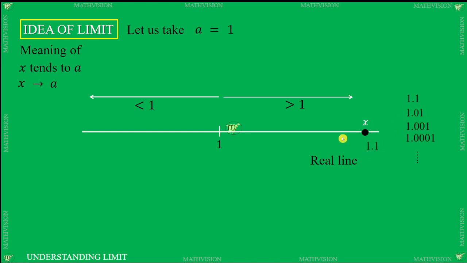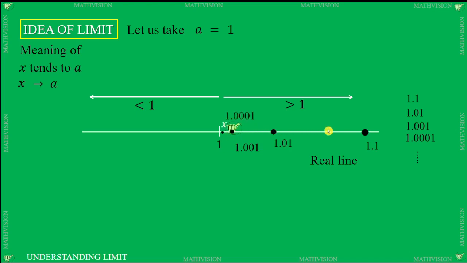Similarly, the second point also lies on the right hand side of 1. If this is the point x, then this value may be 1.01. Similarly, we have a unique point for the third number 1.001, and a point for the next number 1.0001.